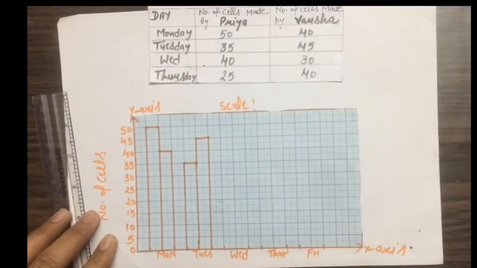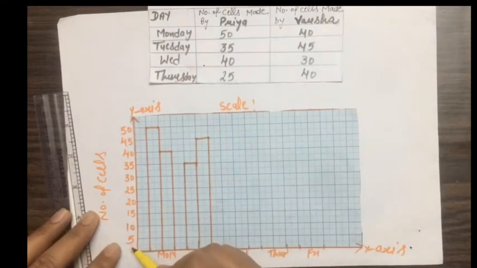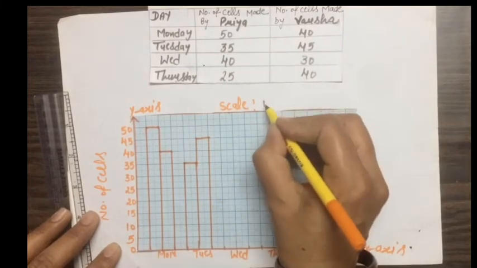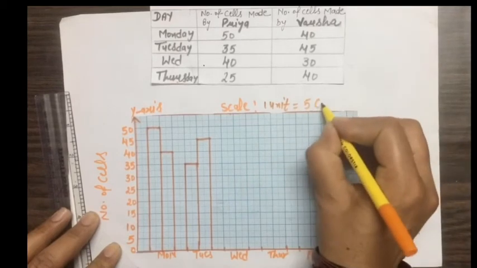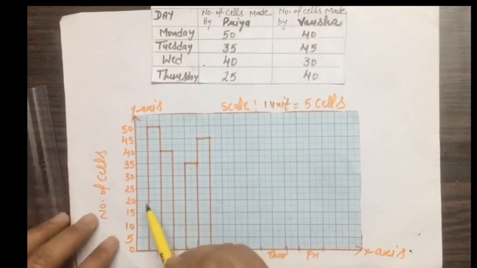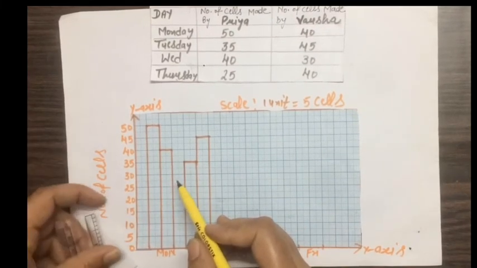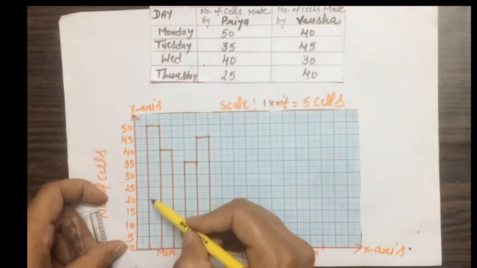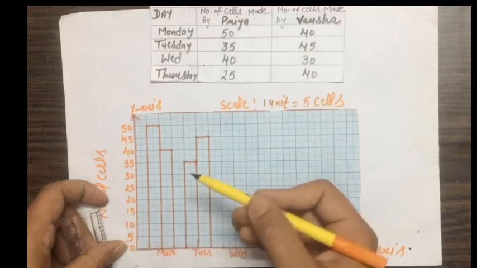Now which things are remaining? First, write here scale. Which is the scale? We are taking here interval of 5. So scale 1 unit is equal to 5 cells. Then we have to differentiate these two rectangles. First, cells made by Priya represent by a different shade, and second rectangle by a different shade.